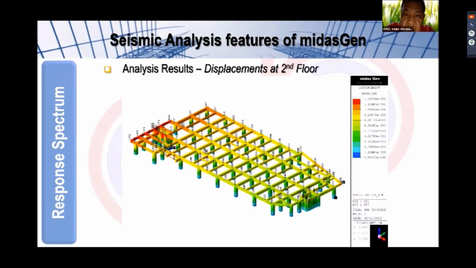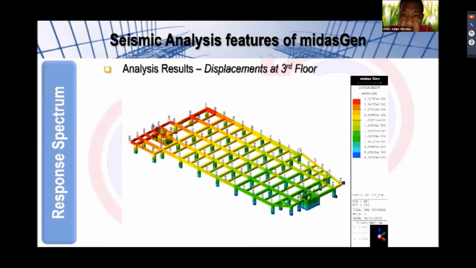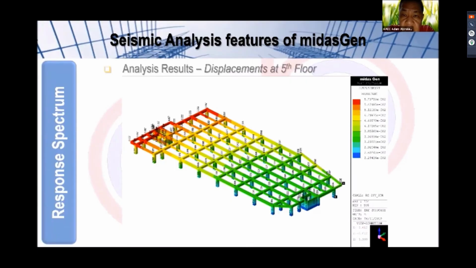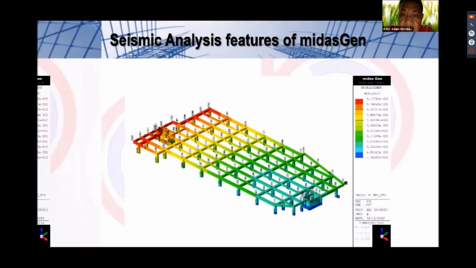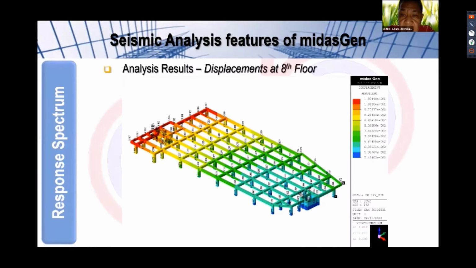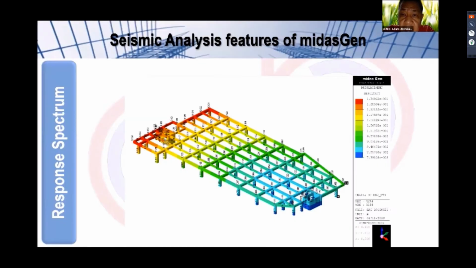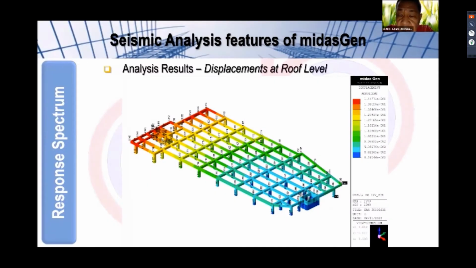So these are the displacement at the second floor, the third floor, the fourth floor, the fifth floor, sixth, seventh, eighth, ninth, then 10, and of course at the roof. And if you look at the maximum displacement that occurs somewhere here, that is about 0.145, so 145 millimeters.